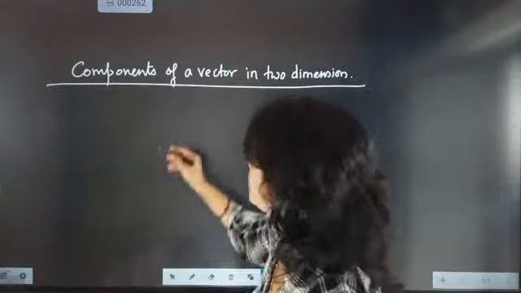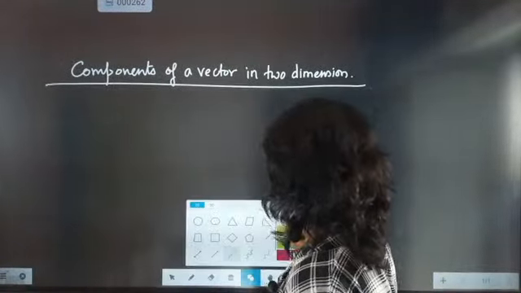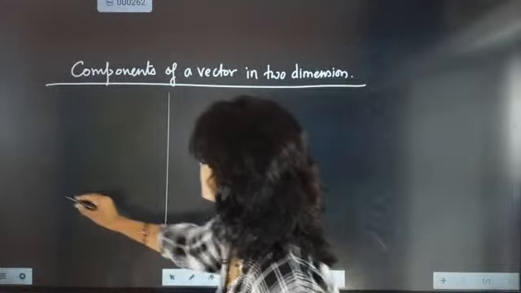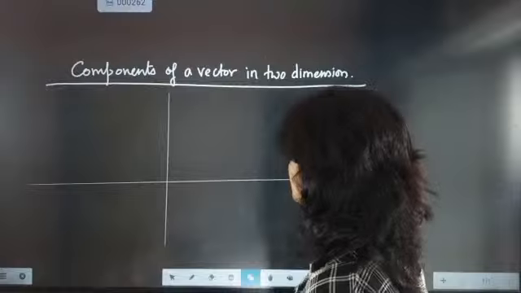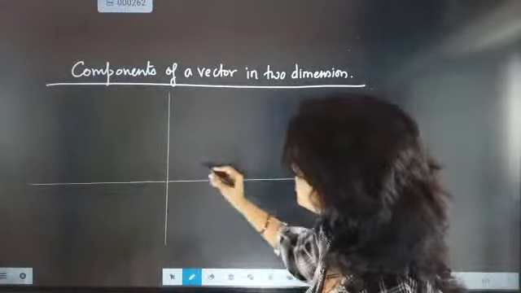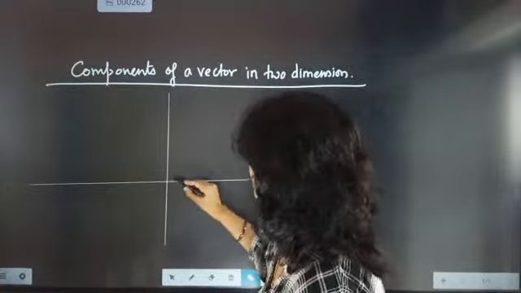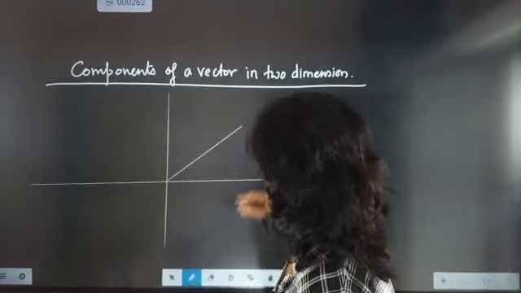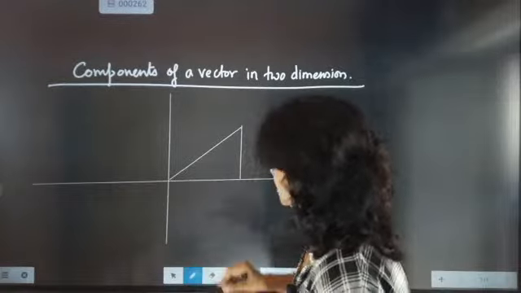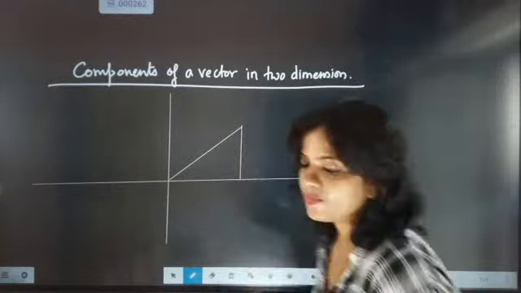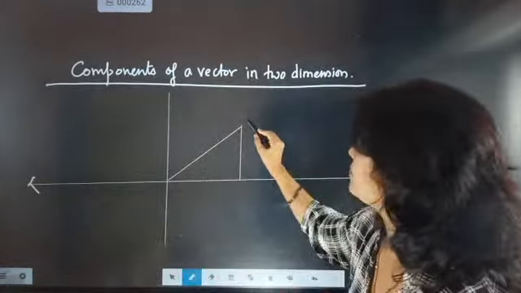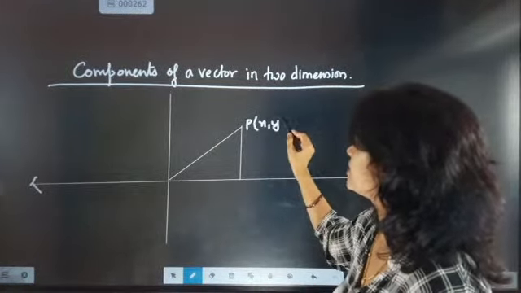First what we are going to do is draw the axes. After drawing the axes, let us consider one very important point: let P be a point represented as (x, y).